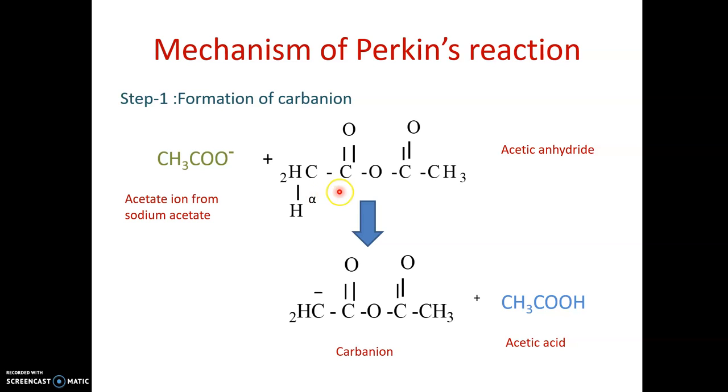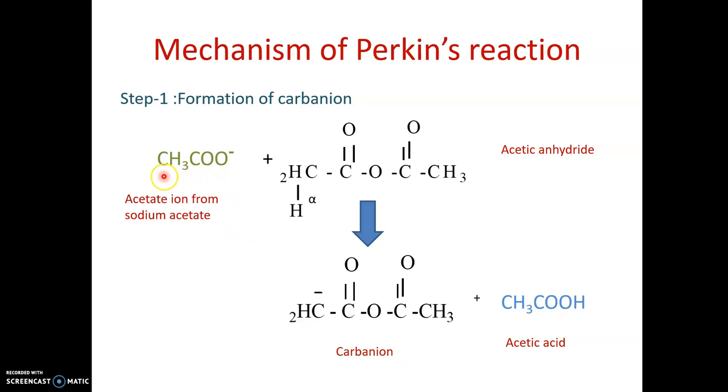So this is the structure of acetic anhydride, and here the acetate ion takes up a proton, that is particularly the alpha hydrogen from the acetic anhydride, giving rise to a carbanion which is resonance stabilized.